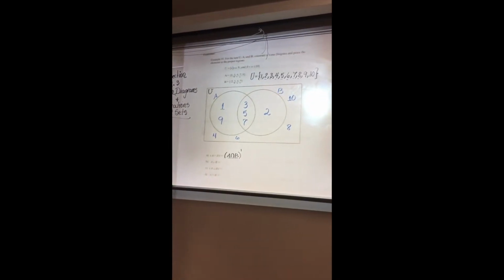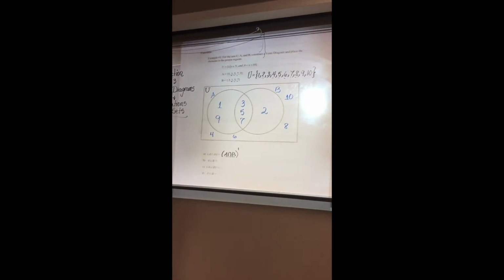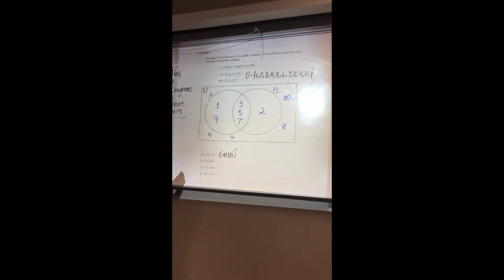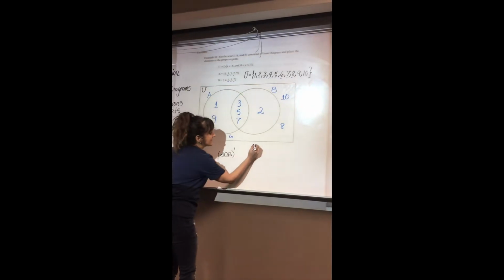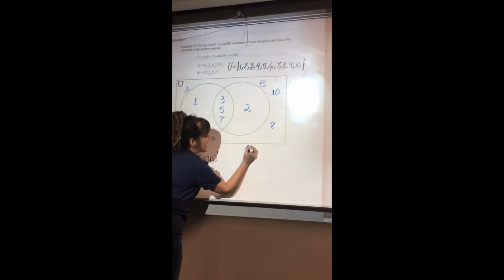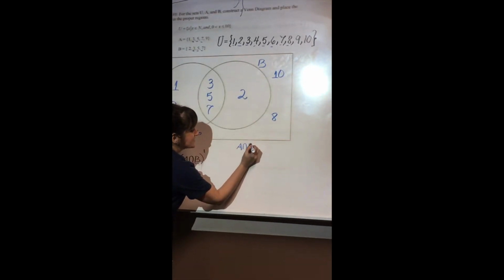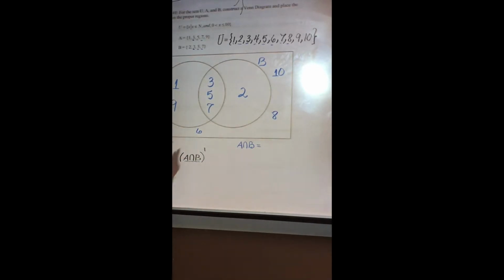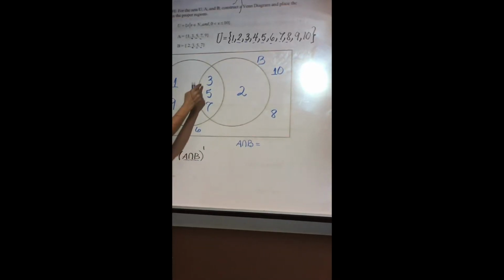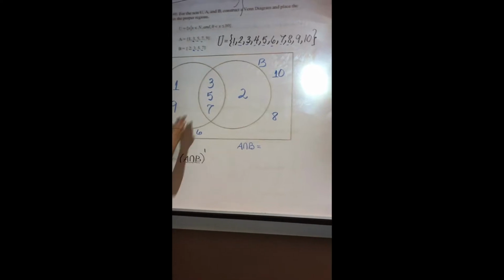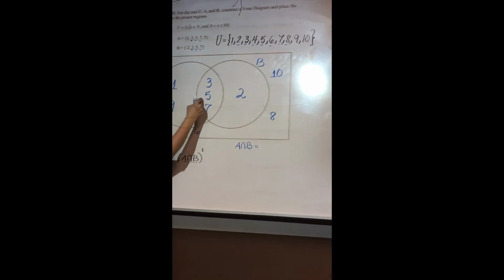What is A intersection B? I'm going to write this on the side. Luckily, we did that already. We know exactly what A intersection B is: 3, 5, and 7.